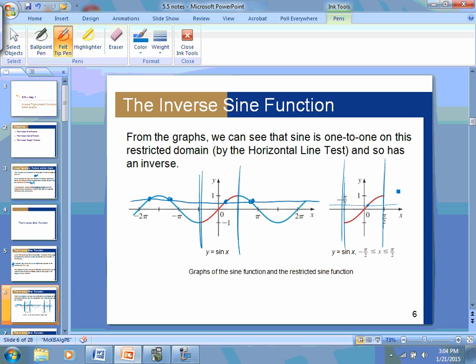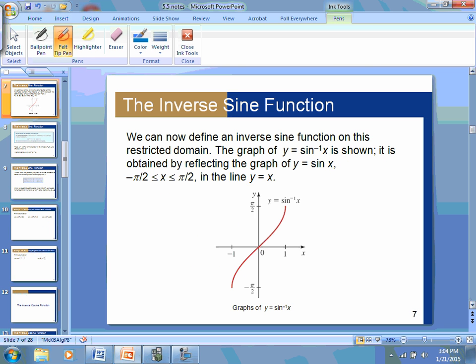So when we're dealing with inverse sine, we have to make sure that we're staying between negative pi over 2 and pi over 2. And that's explained a little bit more here.